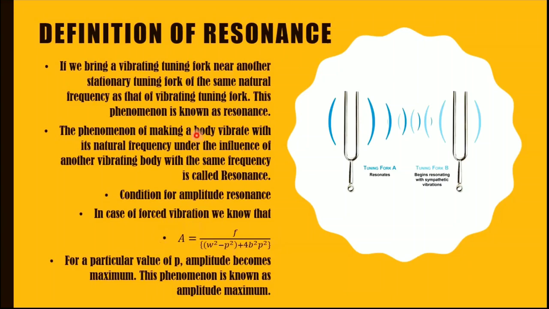Okay. So here we learn the definition. This is the definition. This is the condition for amplitude resonance. So you need to know this equation. Then only you can state that if this P has some particular value, then only this amplitude will be maximum.